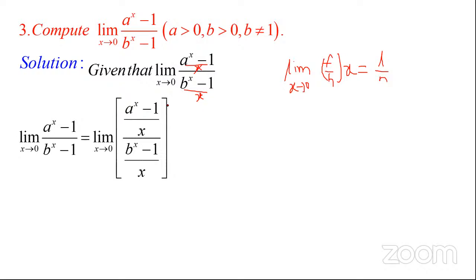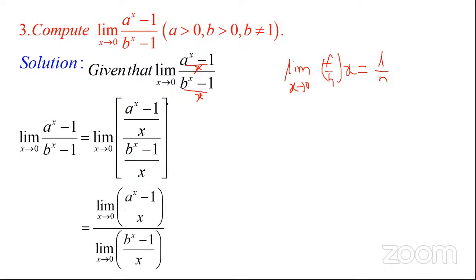Similarly here we have (a power x minus 1) by x and (b power x minus 1) by x, and I'm applying the limits separately. This is nothing but log a to the base e, and this value is nothing but log b to the base e. Here the b value is there.